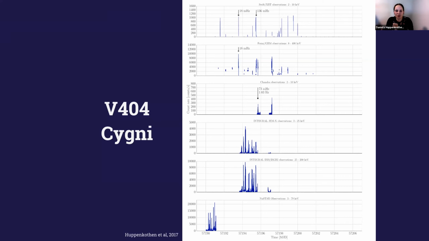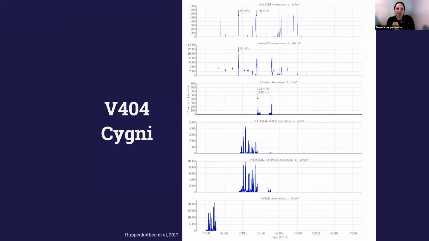But this is just to show you the different types of data that we collect with different modes, where with some of these telescopes, like at the top, which is Swift, you can take many short observations, and that's great for monitoring. And then with some of these instruments like NuSTAR and Integral, they will stare at something for much longer.